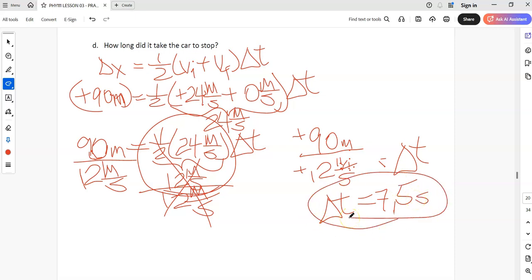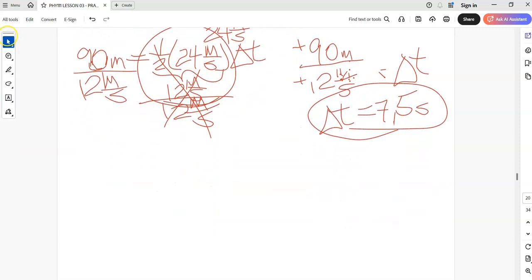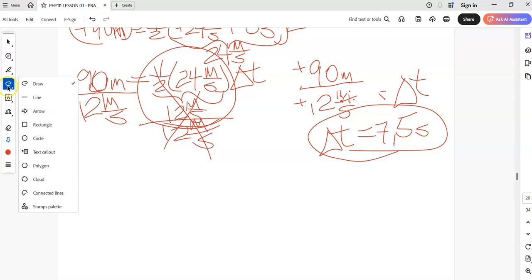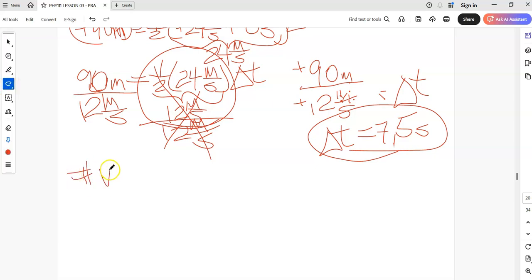Now, if you want to be sure you have the right answer, let's give ourselves a little room and we'll use the other equation. We just used equation 1. Let's try equation 2. Equation 2 says that the final velocity equals the initial velocity plus this other term with the acceleration times delta t. We don't know delta t, but we know everything else in this formula.